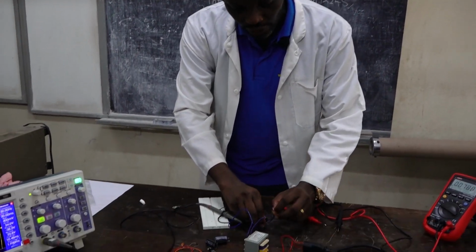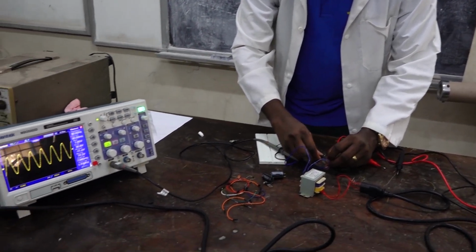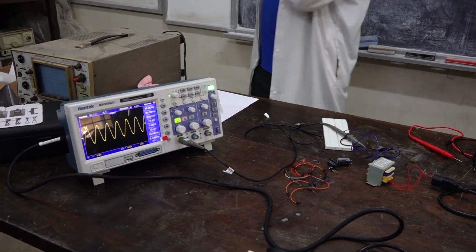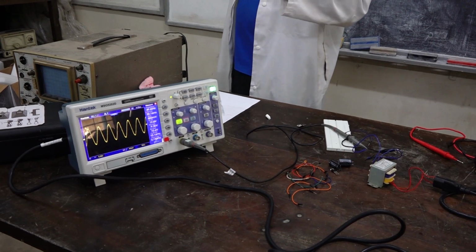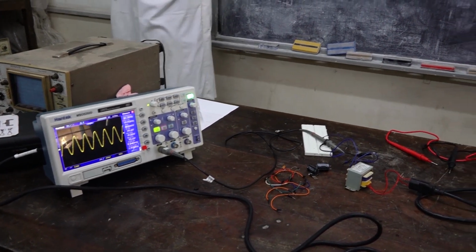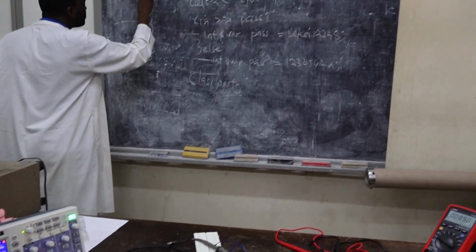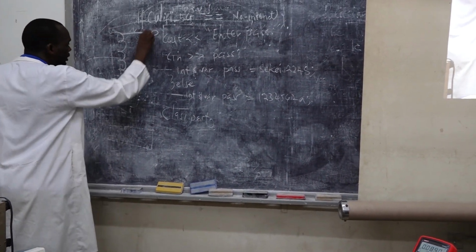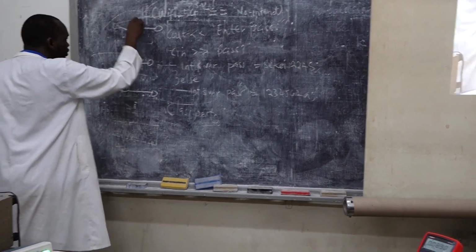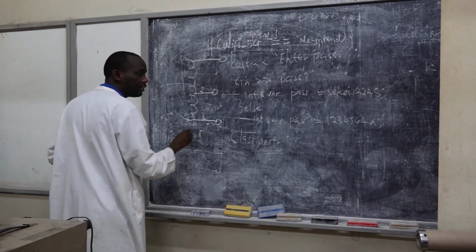Check the nature of the waveform when we measure the voltage between wire number 1, number 2, number 3. In the center tap step down transformer, this is the output part. Keep quiet. We have 3 wires for the output: number 1, number 2, number 3.